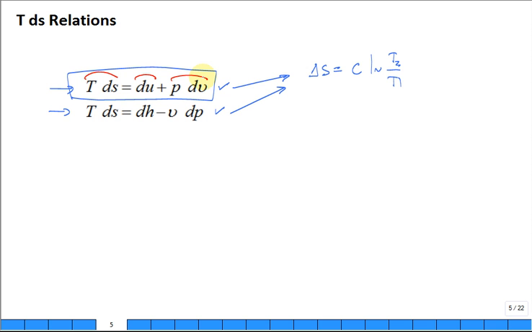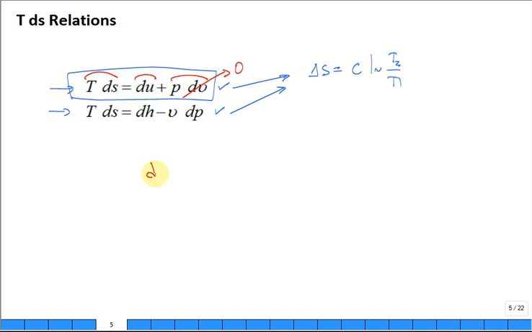The last one. Why? Incompressible, no matter what the other properties are doing, what is the specific volume? It's not changing. So the change in the specific volume is 0 for an incompressible substance. No matter if T changes, or P changes, or U changes, or S changes, the change in V is 0.